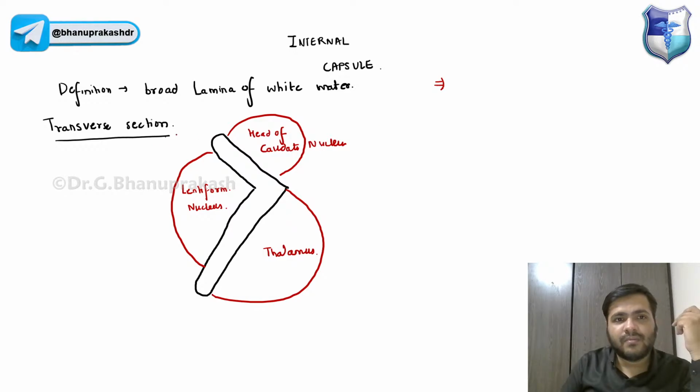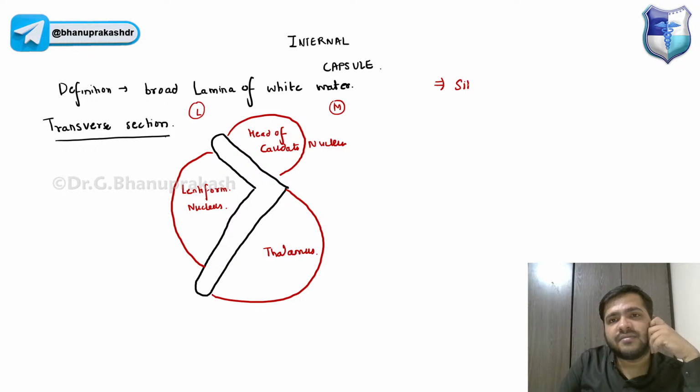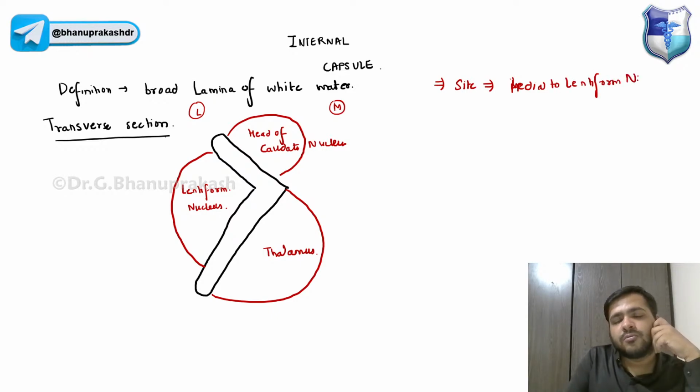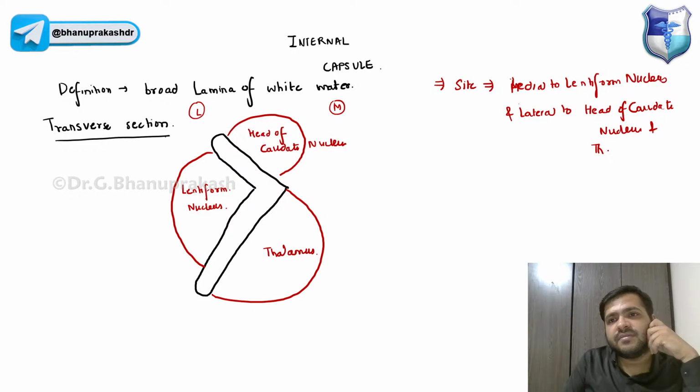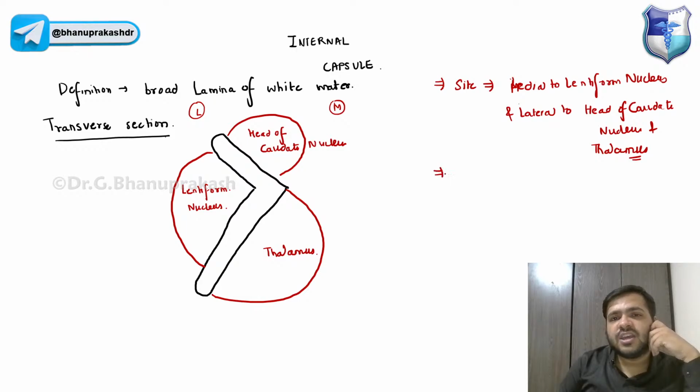So obviously, if this is the midline and this is lateral, then medial to the lentiform nucleus, and lateral to the head of caudate and thalamus, is the internal capsule. So remember, it is medial to lentiform nucleus and lateral to head of caudate nucleus and thalamus.